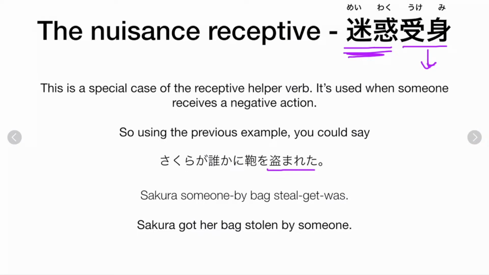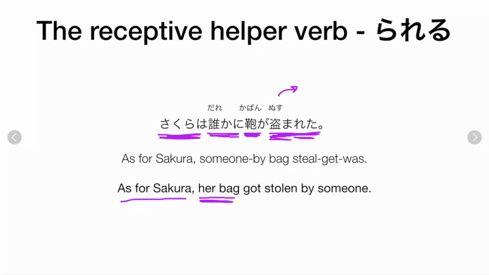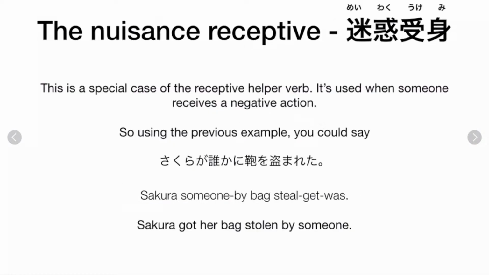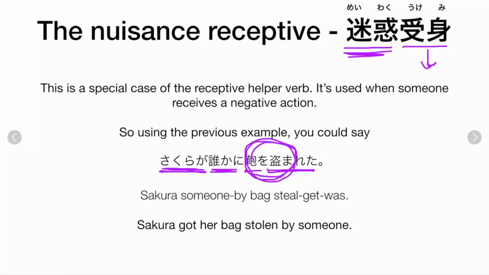Then, rather than saying that the bag received the action of stolen, we're allowed to say Sakura ga dareka ni kaban o nusumareta. So Sakura received from someone the action of kaban o nusumu, stealing bag.